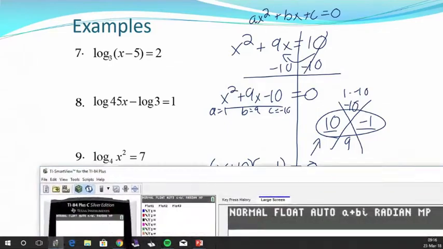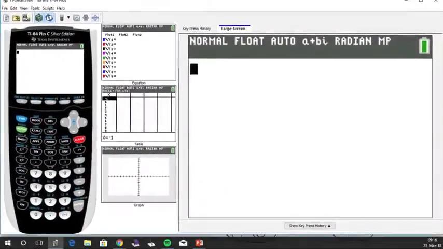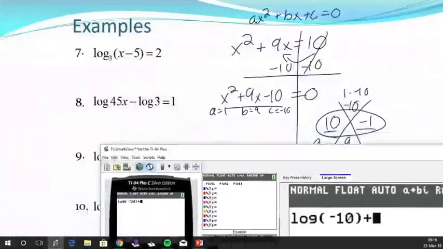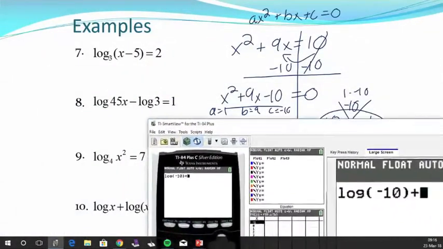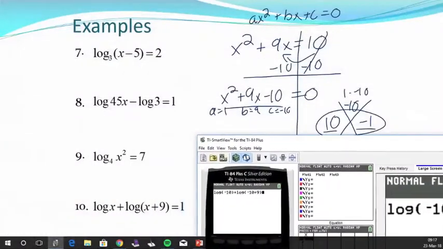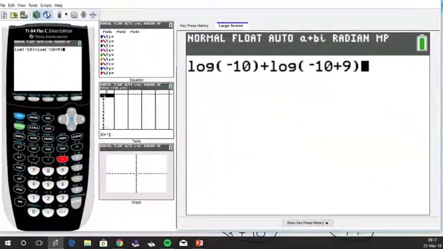Log x. So let's try the negative 10 first. So log negative 10, it was plus, what was it again? Log x plus 9. So log, and this will be negative 10 plus 9. Right, I'm just plugging in negative 10 where I see x. All right, and if I hit enter, it should equal 1.